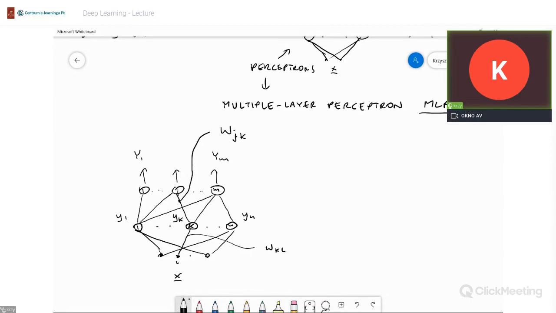I will be given this structure, and I will now try to consider what could be a rule for training weights of this structure.